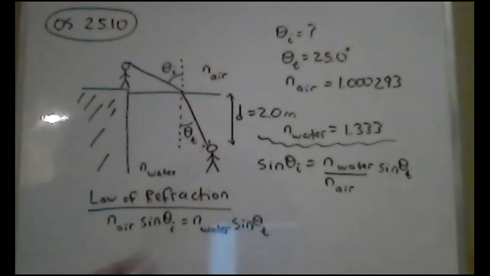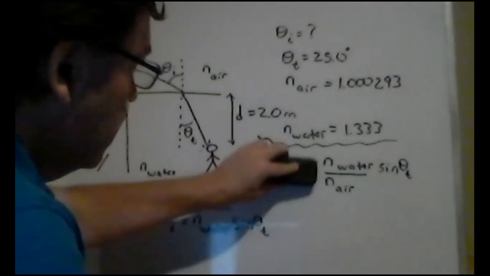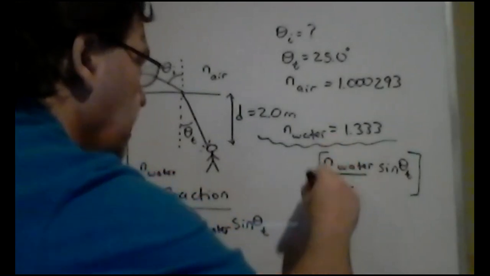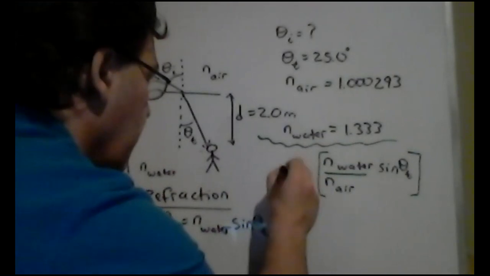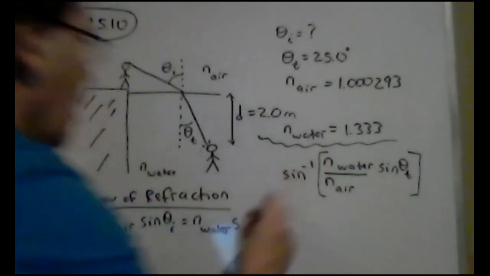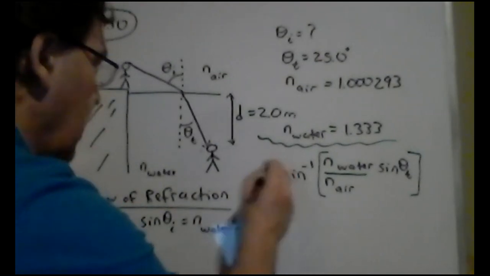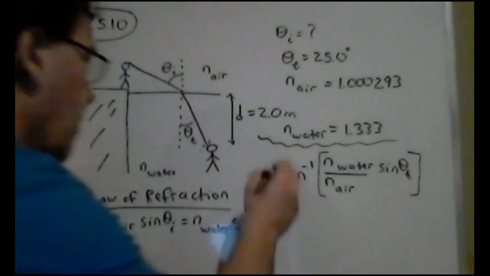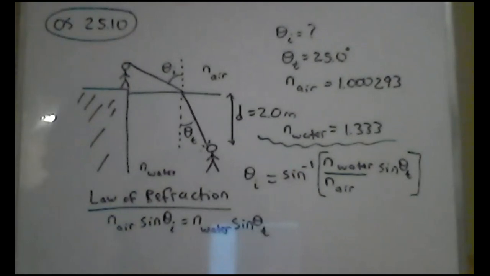And how do I get theta incident? I'm going to take the inverse sine of both sides, the arc sine. On the left side, I take the inverse sine of a sine, and I just get the actual angle itself. And there you go. That's the equation.